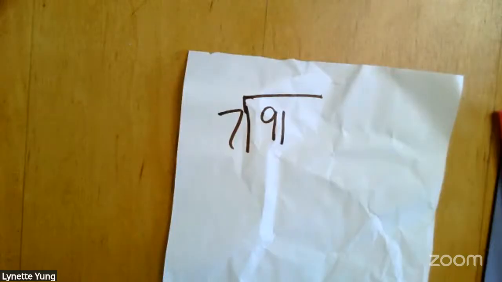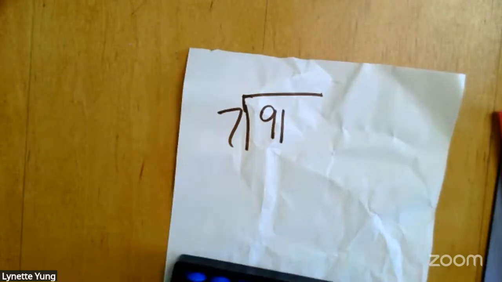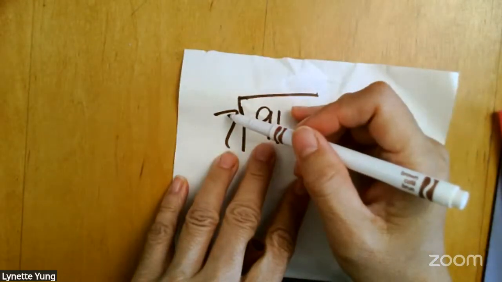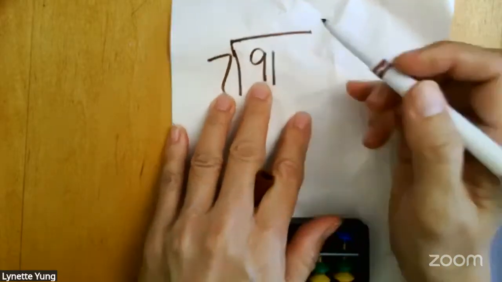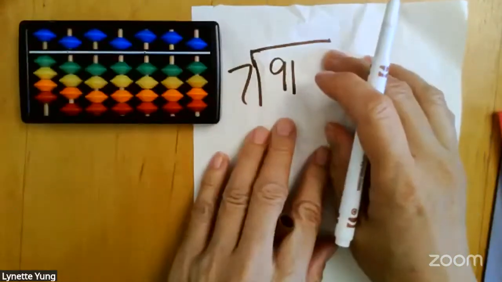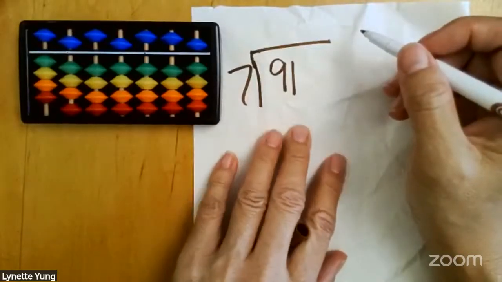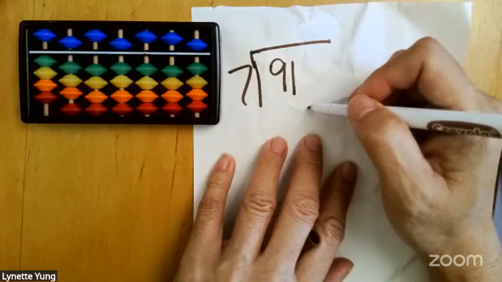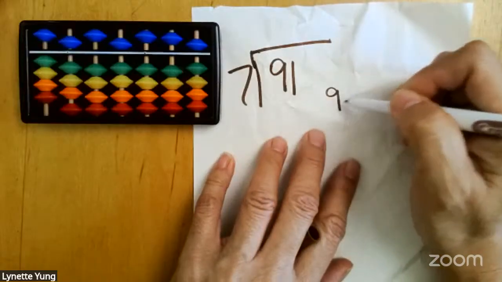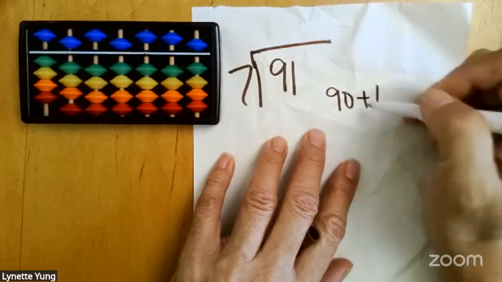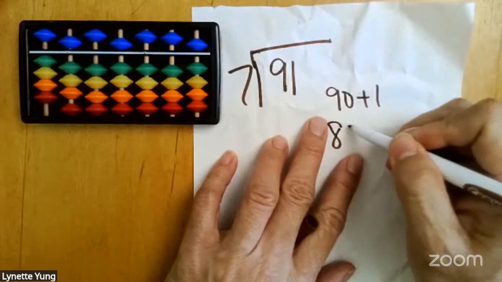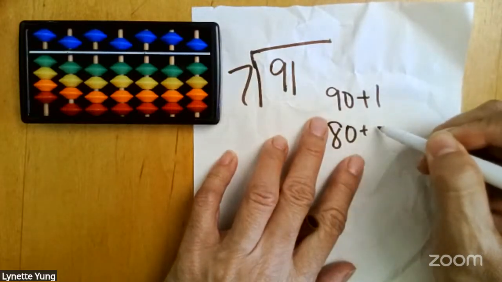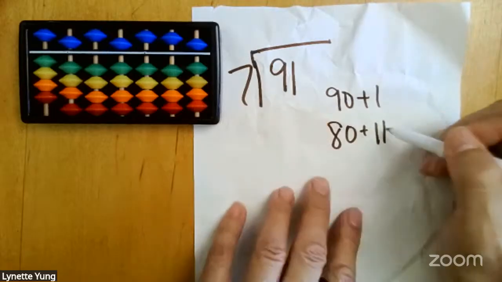So that was another thing I found. I was doing more research, and this guy was talking about how, with 91 divided by 7 in mainstream math, the kids should know how to decompose. He did 90 plus 1, that doesn't work. So 80 plus 11, that didn't work.